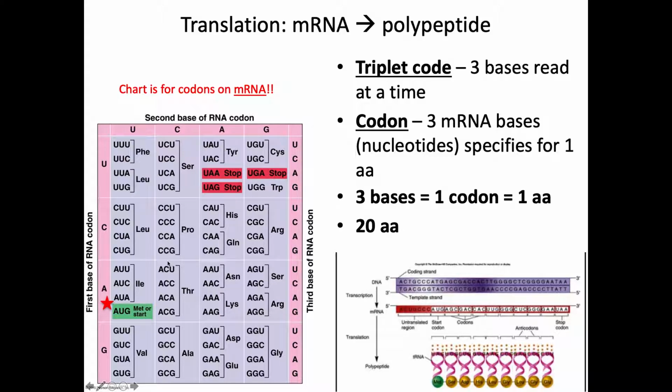And then another special thing about this chart, this mRNA chart, is that each codon will only specify for one amino acid. So this UUA will only code for leucine. UUA will not code for anything else. But leucine will have 2 codons that will specify for leucine.